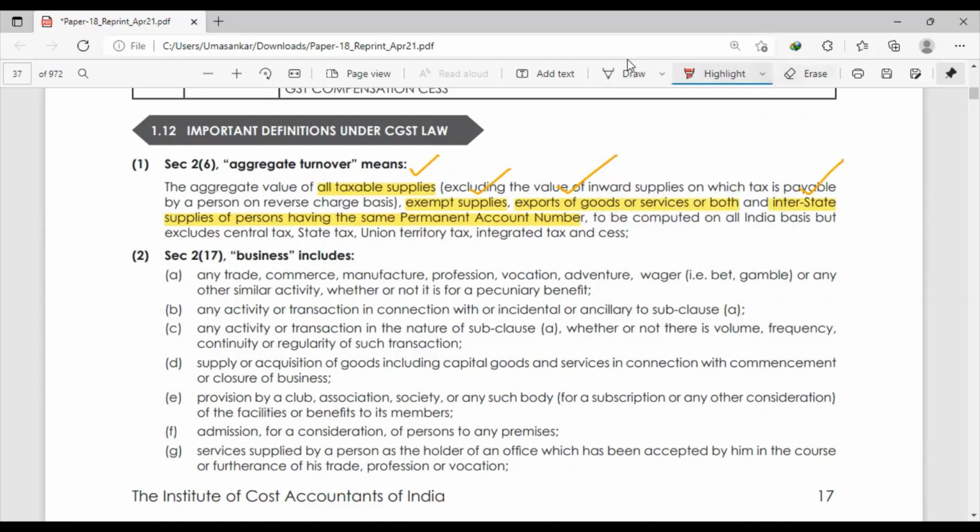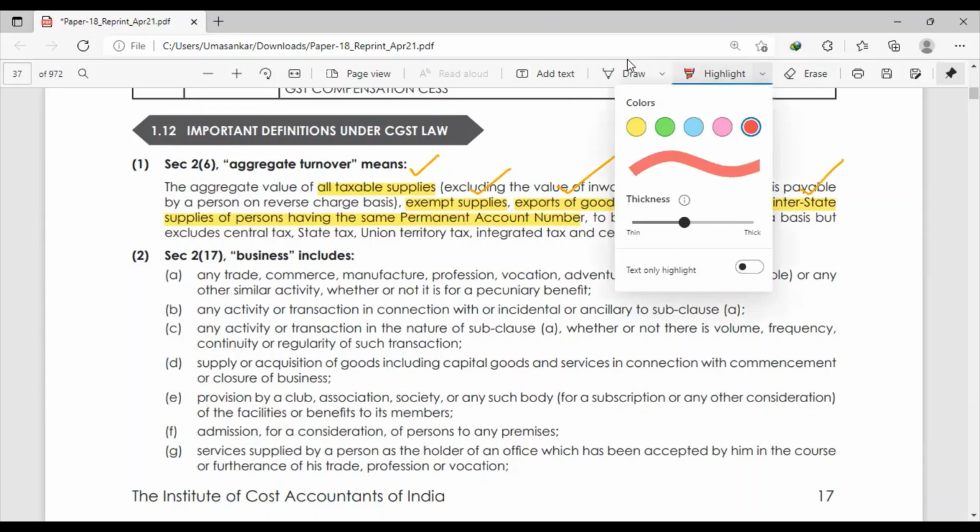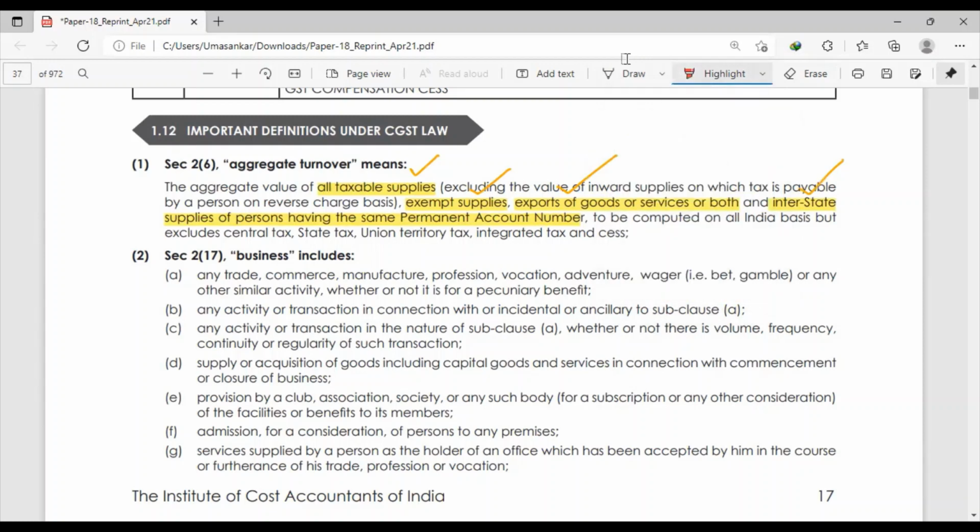Excluding the value of inward supplies on which tax is payable by a person on reverse charge basis. What is reverse charge? For the time being, you don't need to understand. I will explain later. But just remember that we don't need to consider inward supplies on which RCM is paid.